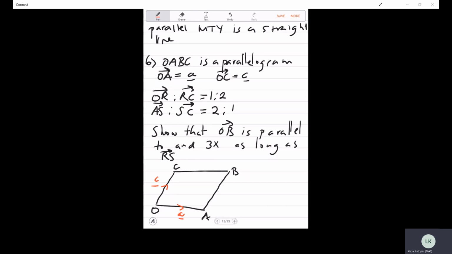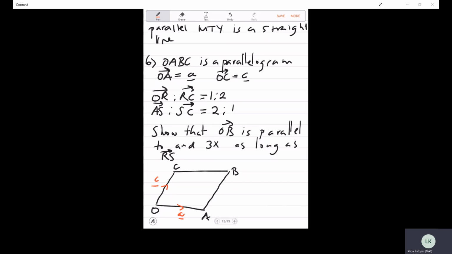One, that OB is parallel to RS. And then the second thing we need to show is that OB is equal to 3 times RS. That is what we need to show.